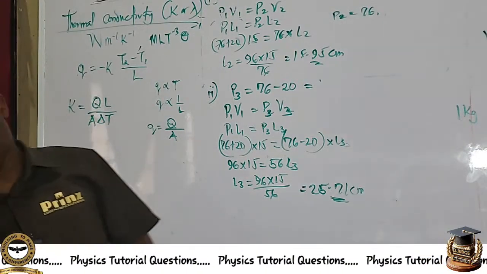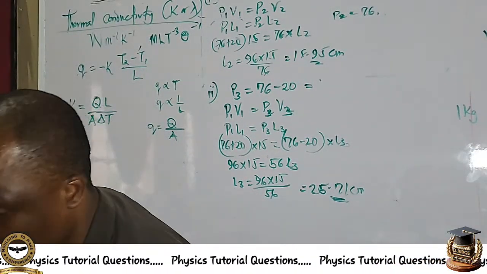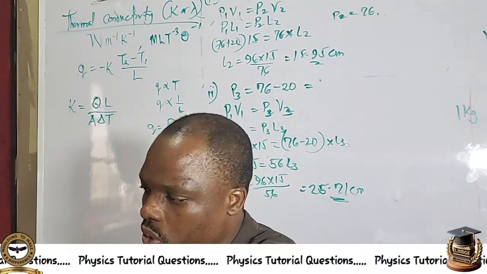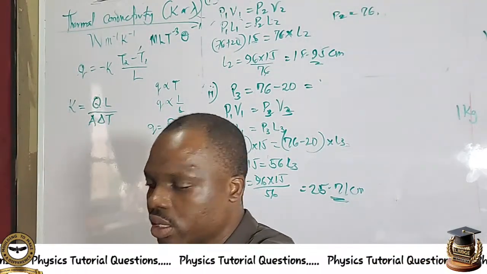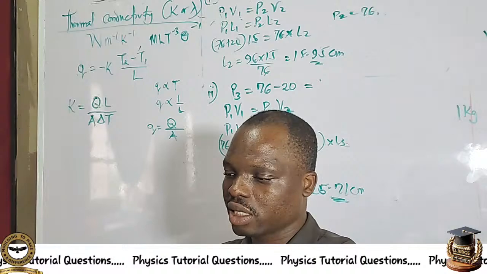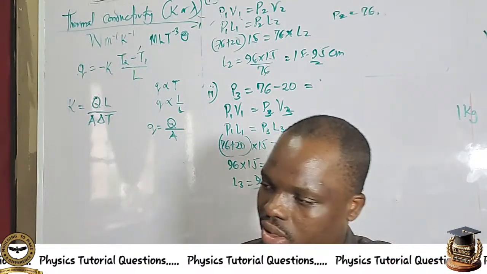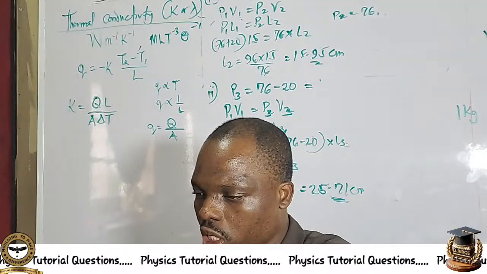Here K is the thermal conductivity in watts per meter per Kelvin, and Q is the amount of heat transferred through the material in joules per second, that's in watts.